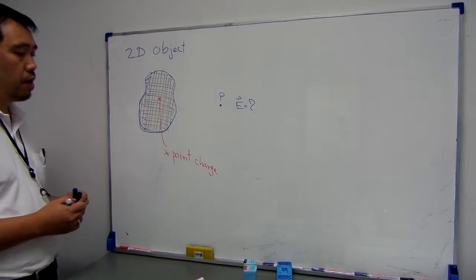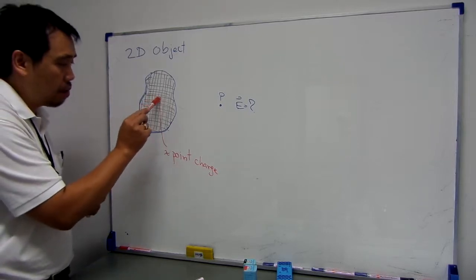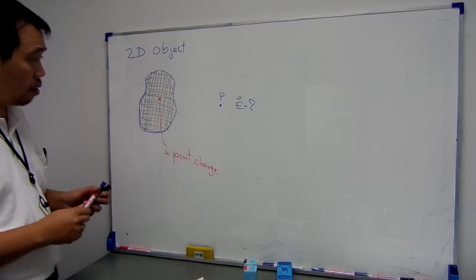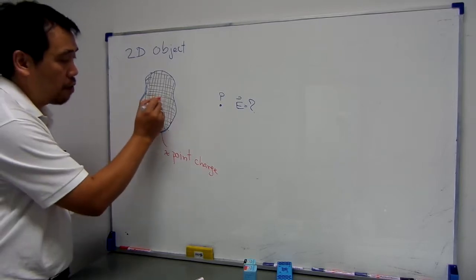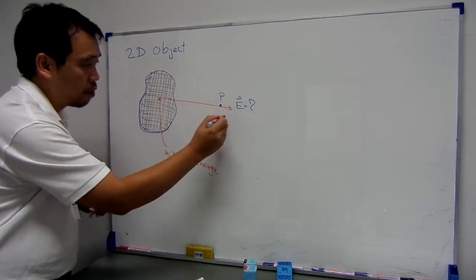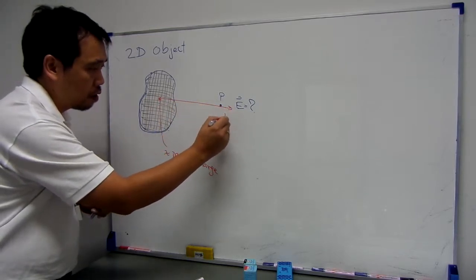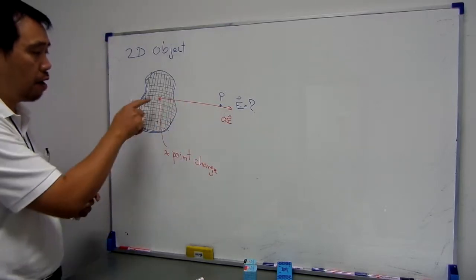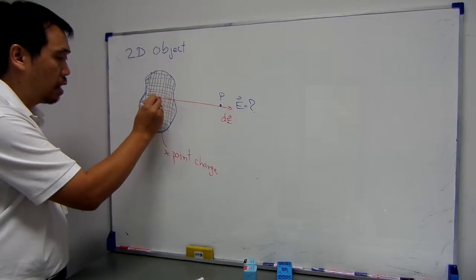If we can assume that this piece is a point charge, we can use Coulomb's law to calculate the electric field dE at point P from this charge dQ.